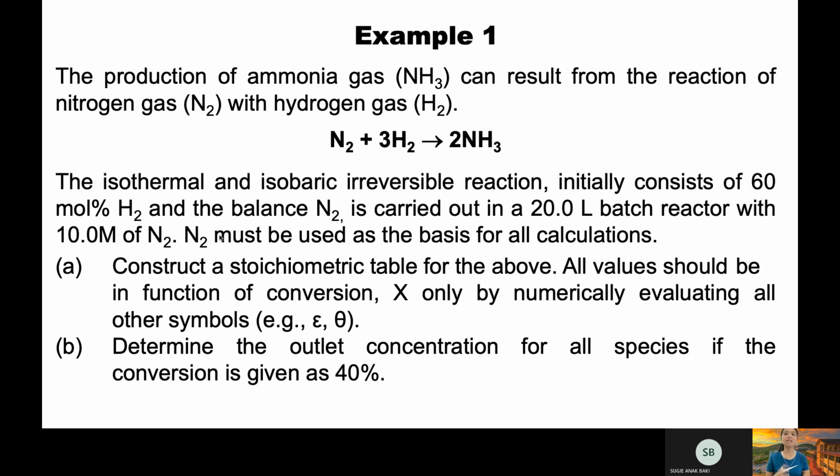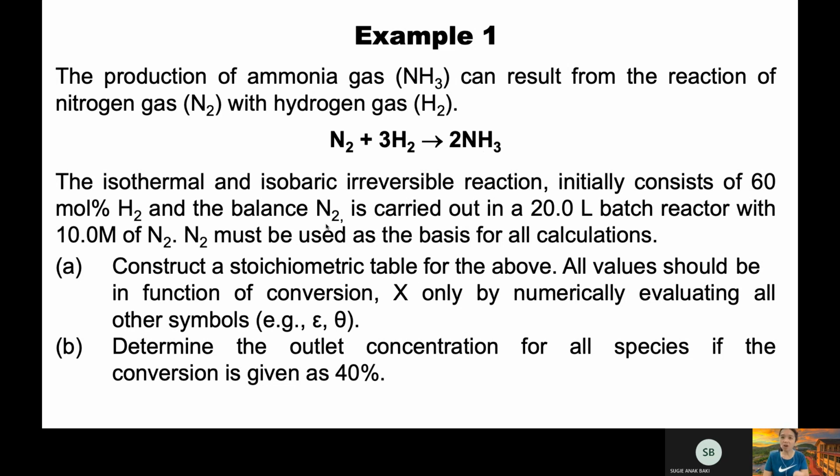Another way, say they don't say which one is to be used as the basis of calculation, it is safe for you to assume the first compound in the chemical reaction is your A. Meaning N2 is A, H2 is B, ammonia is C. So H2 is your B, and this 60 mole % is actually your YB0, 0.6.